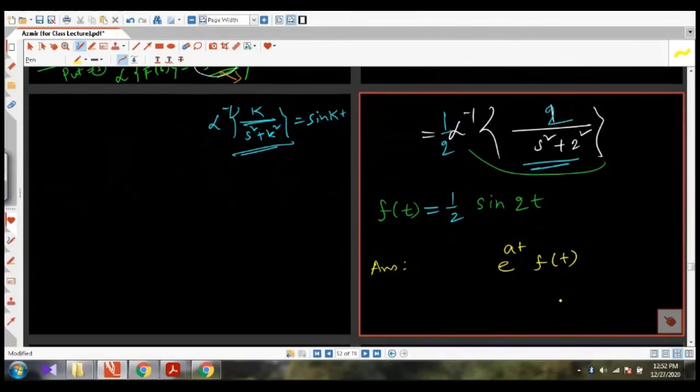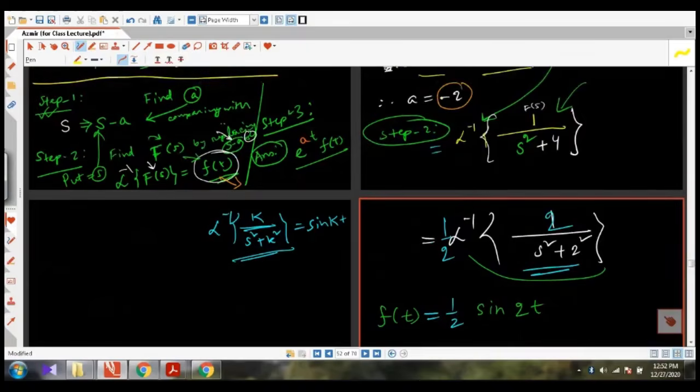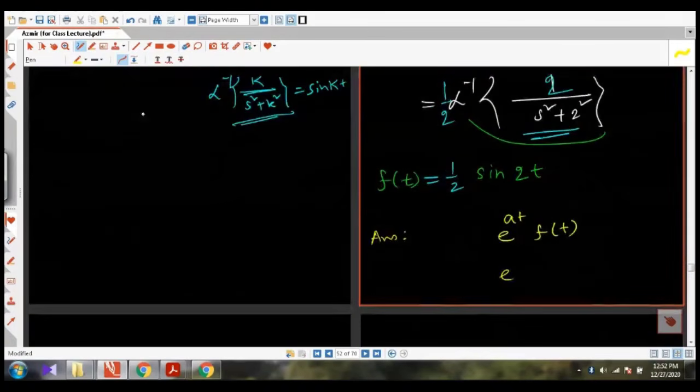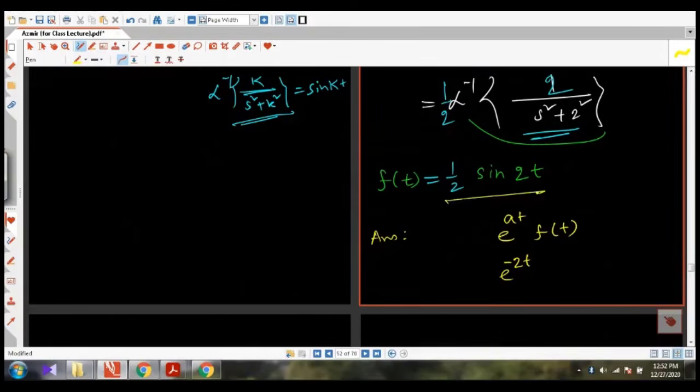What is a? A is minus 2. e power minus 2t, this f of t, 1 by 2 sine 2t. So this is the result for inverse Laplace of 1 over (s plus 2) squared plus 4.